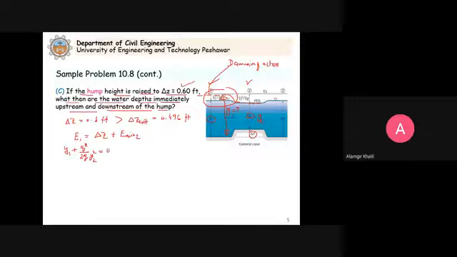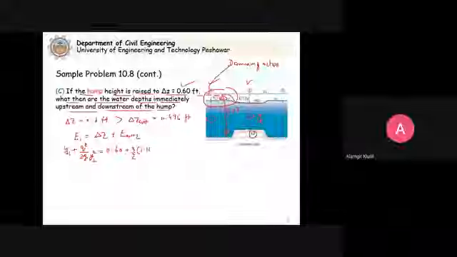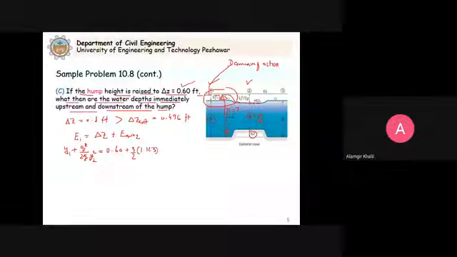So this will be equal to 0.60 plus E minimum. E minimum we already calculated. Clear? This will be equal to 3 by 2 YC, or 1.5 times YC, and YC is 1.123. Clear? Now in this case, the only unknown is Y2. So you have to solve this for Y2.